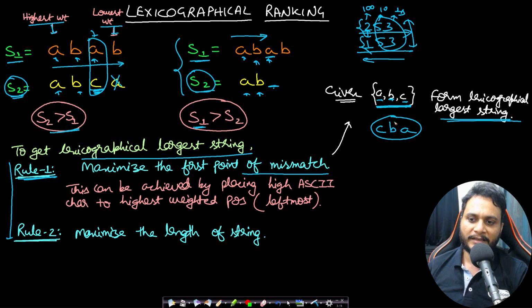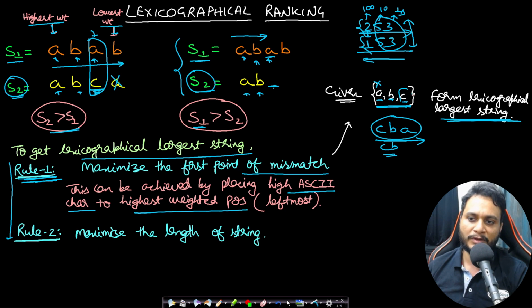But can I say that I will not use one of them and just use CB? No. Because if you can use all of them, then definitely we will take the larger length string instead of a smaller length string, right? So the first point is to maximize the entire string value by keeping the high ASCII character in the highest weighted position.